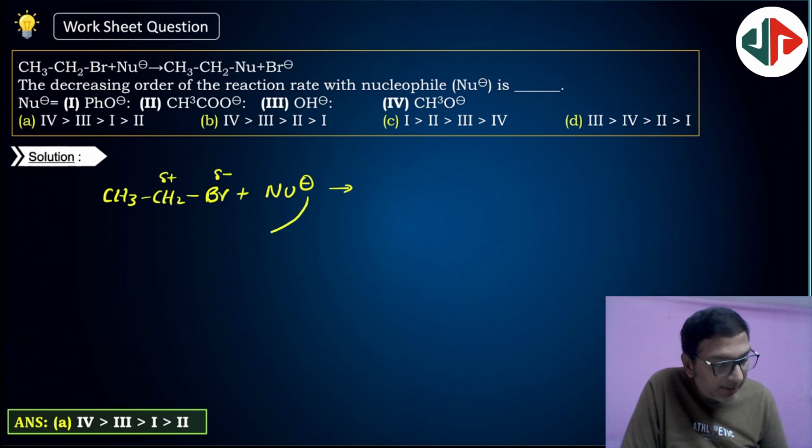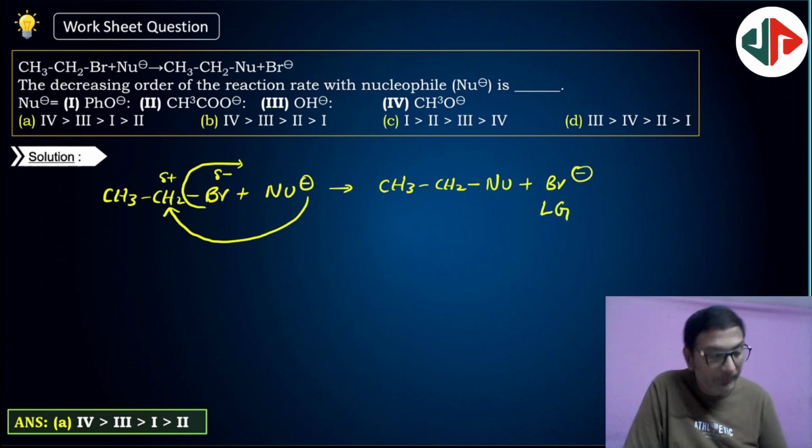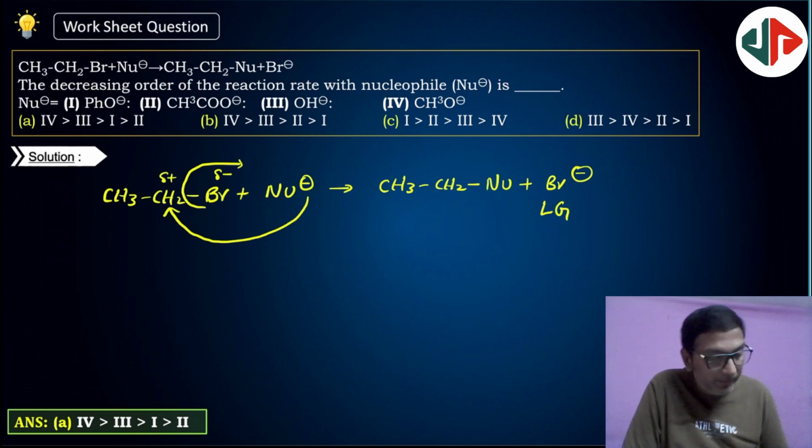So this nucleophile attacks this CH2. Br minus will be leaving like this. It gives CH3CH2Nu plus Br minus. This Br minus is the leaving group, since it is leaving from the given substrate molecule, it is known as the leaving group.